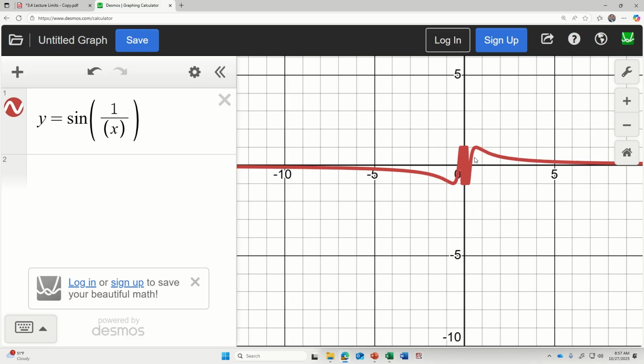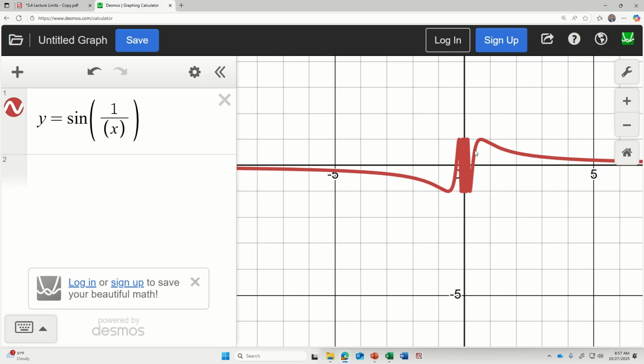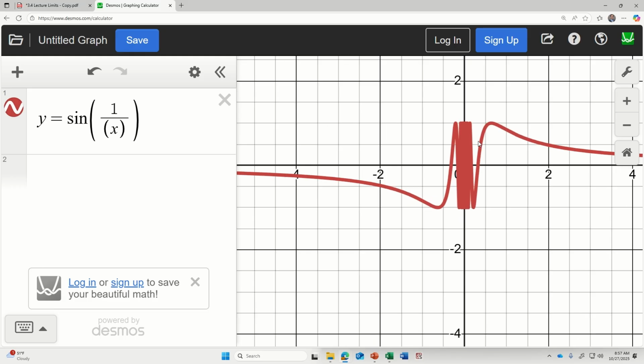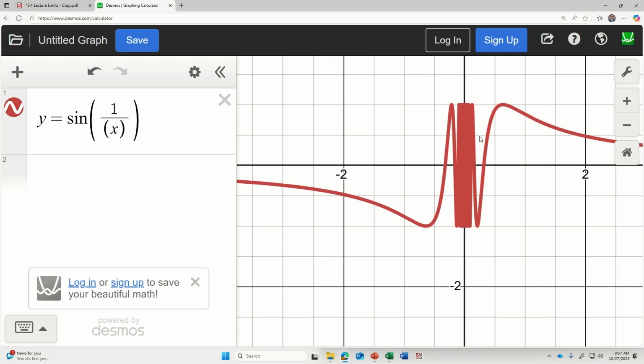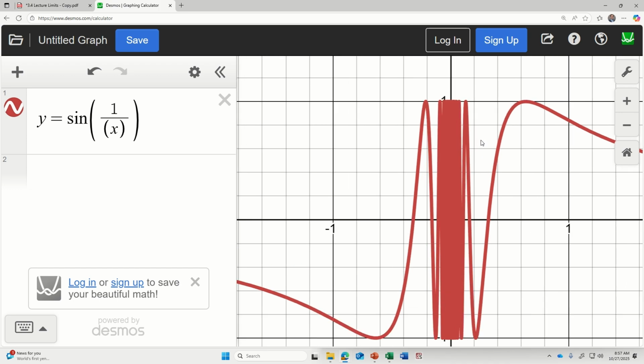Since the sine function oscillates when its argument is approaching infinity, and this is now 1 divided by x, it's going to oscillate as x approaches 0. And so the closer we get to x equals 0, the more it's going to oscillate.